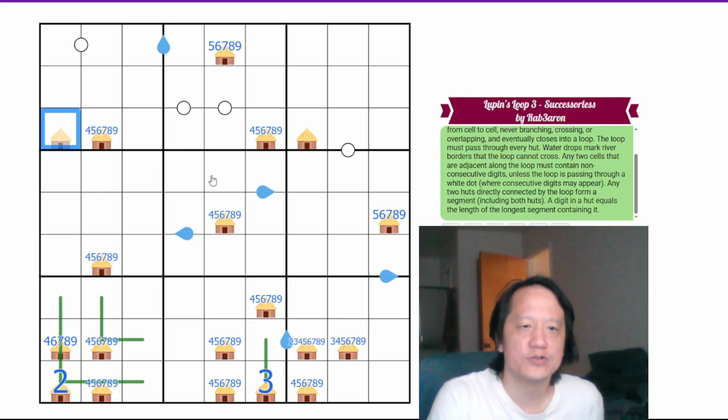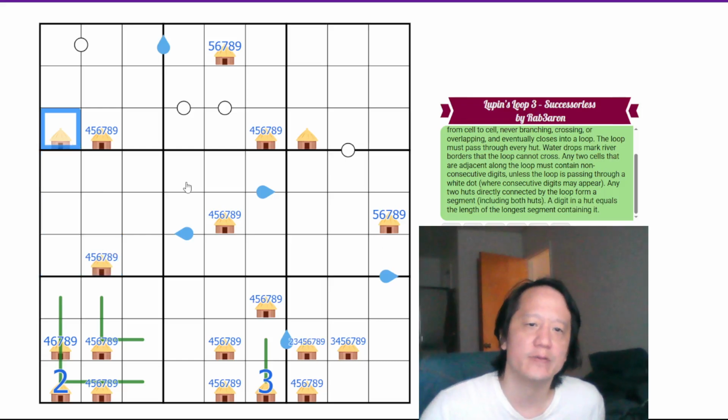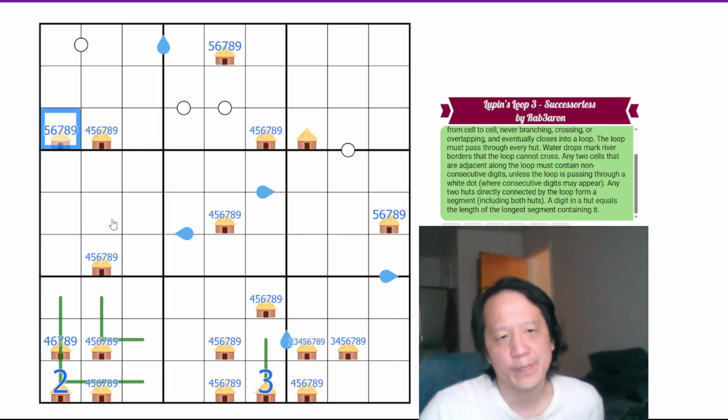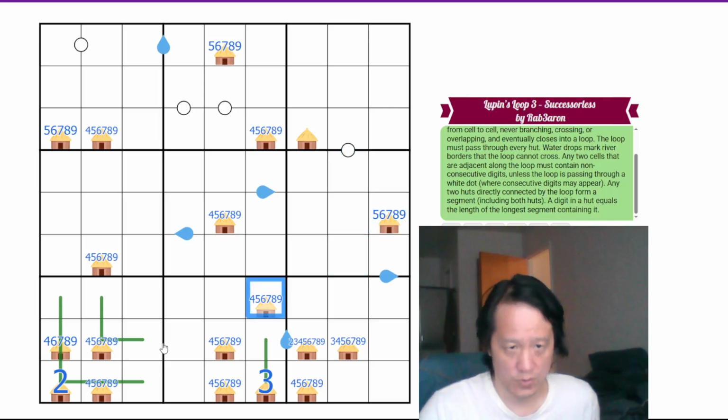This can't be 2 because of 2 in the column. 1 is 2 away, but then we have 5 away at minimum, going something like that, possibly. 3 can't be here.